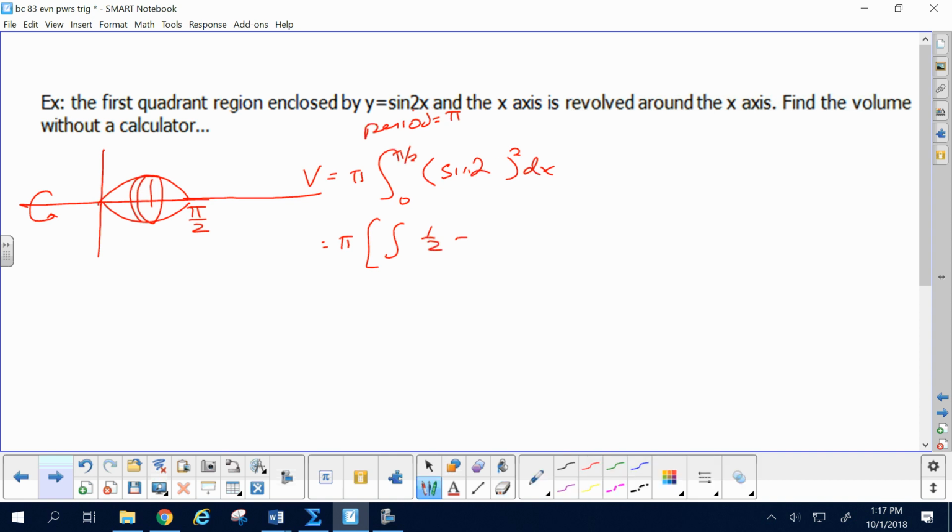Sine of 2x quantity squared. How's that? Sorry about that. Okay, 1/2 minus 1/2 cosine of 4x. Sweet. dx from 0 to pi over 2. Pi times 1/2 x minus 1/8 sine 4x from 0 to pi over 2.